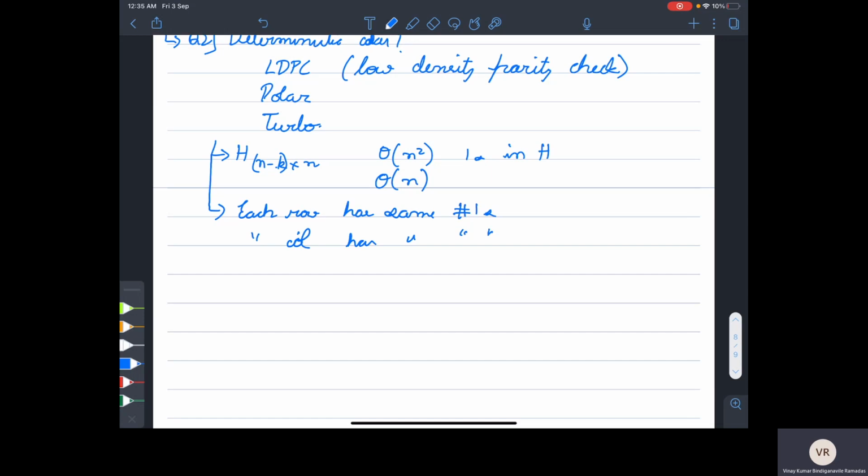So the encoding is done similarly, whereas the decoding uses more sophisticated algorithms called message passing or belief propagation algorithms at the decoder.